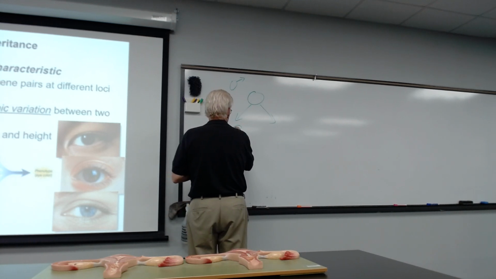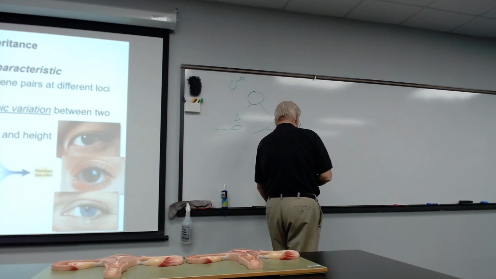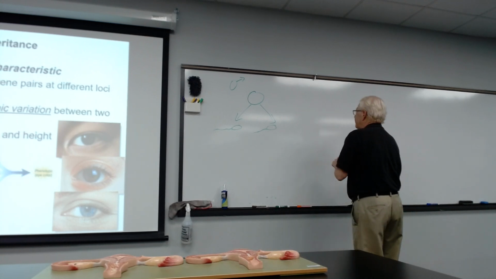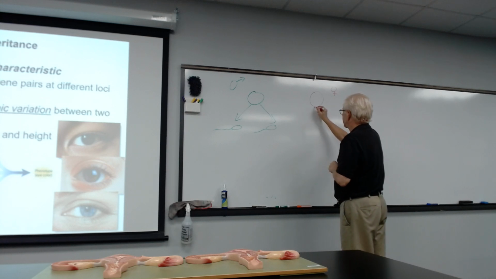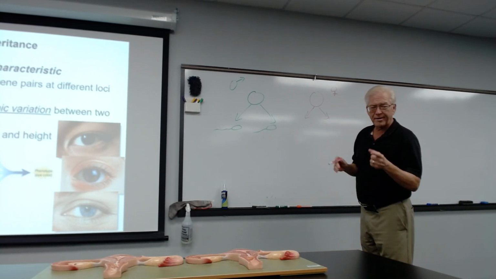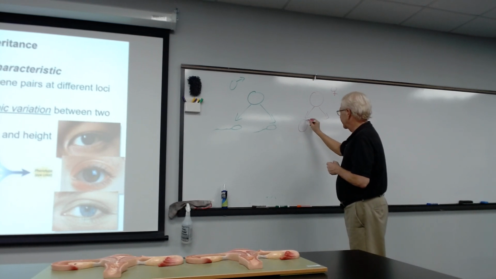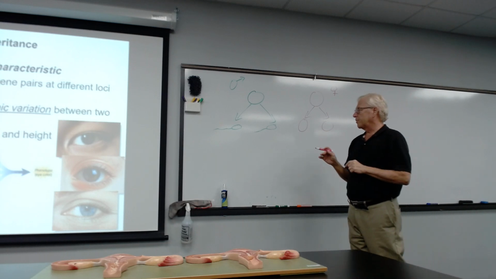So, sperm here, sperm here. And we'll use pink for the ladies. And don't worry about making polar bodies. We got 2 eggs here, okay? All right. Fair enough? Just to keep it simple.